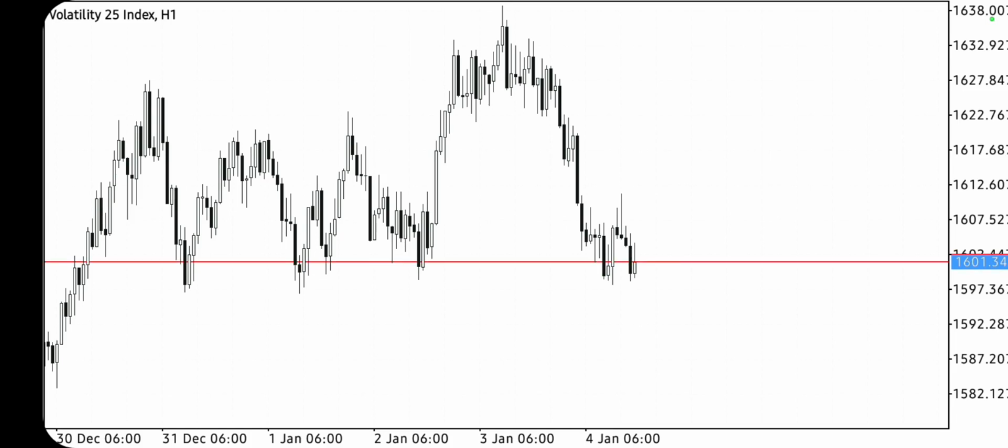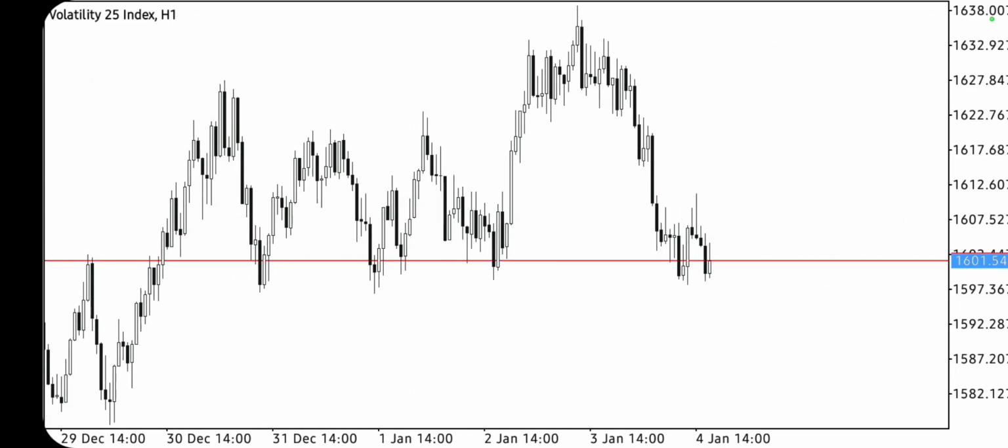So now the first one I am talking about is the inducement. I explained inducement in one of my videos also, so if you are yet to check that out, you can check it out to get the full explanation about inducement. Now inducement simply means a high or low that is used to trap you as a trader.